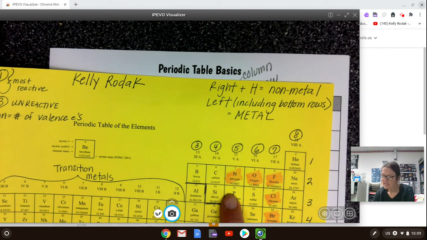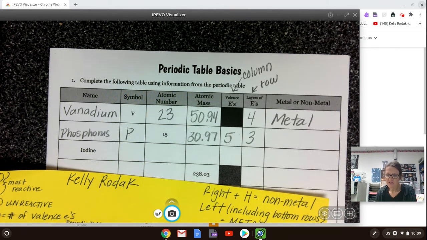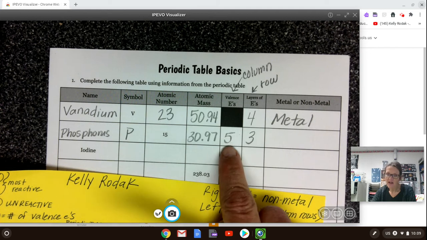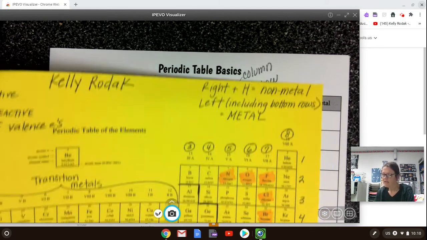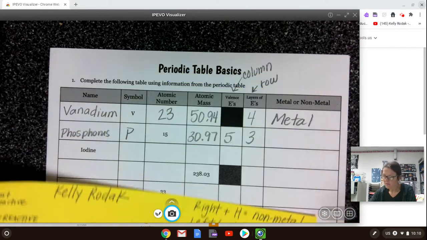So it has 3 layers of electrons. Just another way to think about this, what this means is that in the 3rd outermost layer, phosphorus has 5 electrons, okay? And then we see where phosphorus is in relationship to the stair-step line, and it is to the right of that line. So therefore, we know that phosphorus is a non-metal.